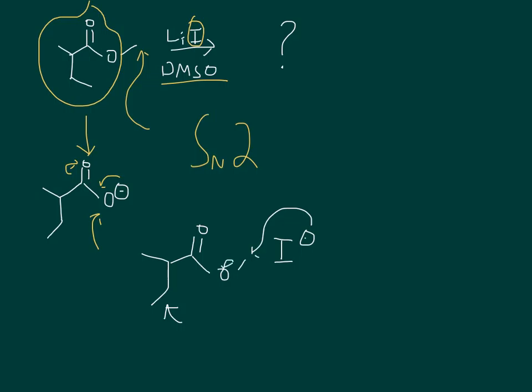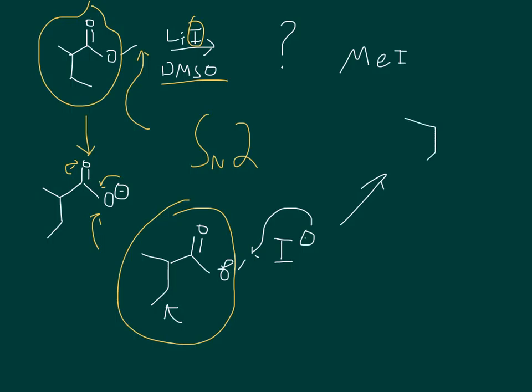That would be our leaving group leaving, which once again is this whole molecule, and that will get us the methyl halide along with our leaving group that we've drawn before, this resonance stabilized molecule right here.